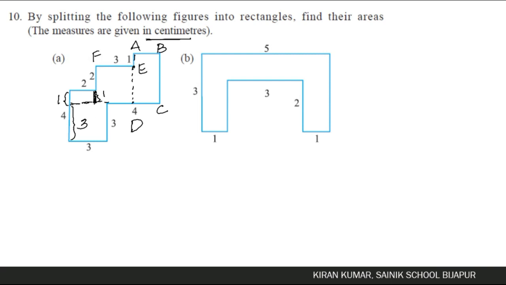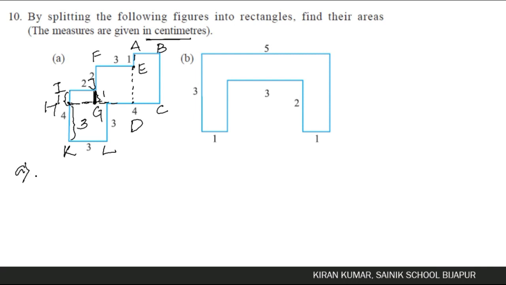Let this point where it is connecting be G, and this point be H, H I J, let this be K, this be L. Observe very carefully.